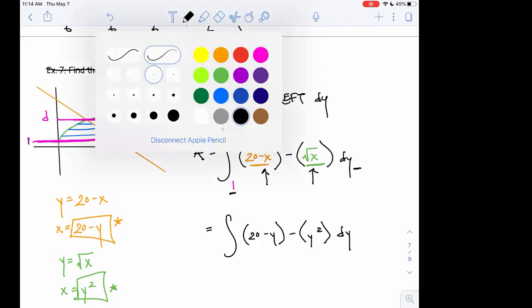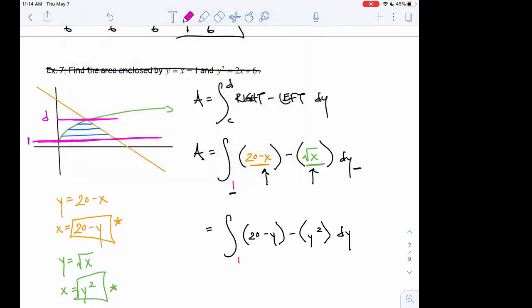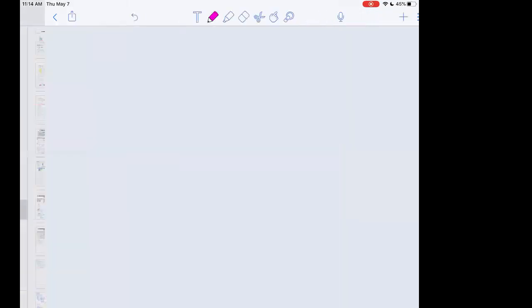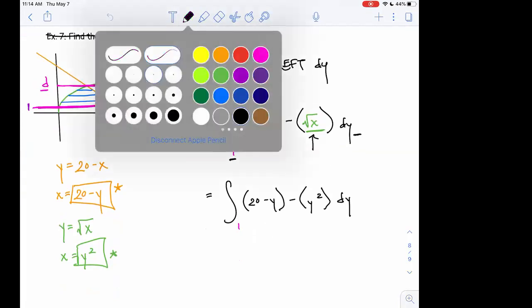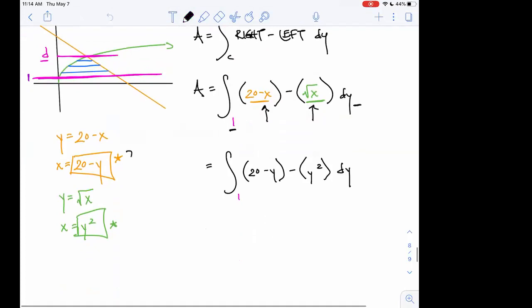Now I know we found one bound earlier. We found this one to be 1, okay? And what I need to do is find the top bound now. And to do that, I'm going to set my orange curve equal to the green curve, but I'm going to use these two that I starred right here.